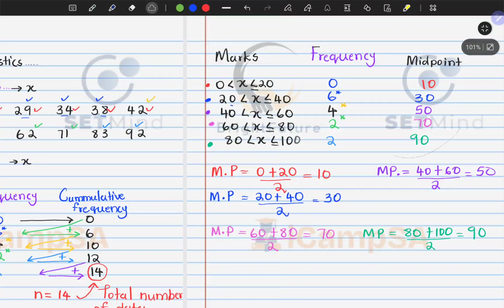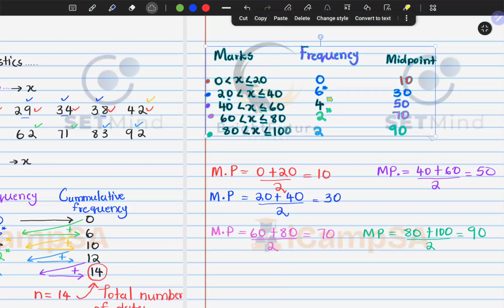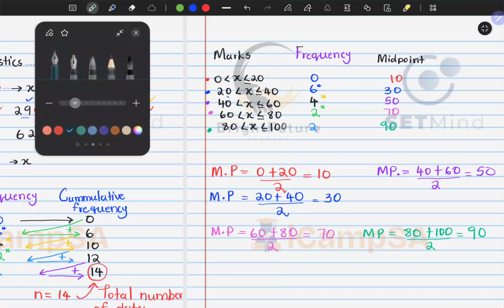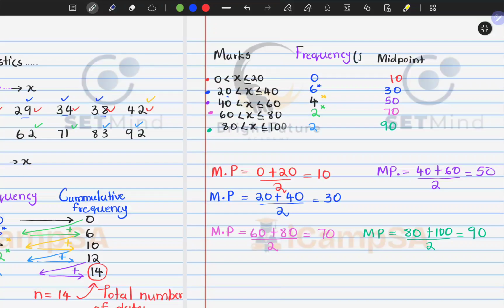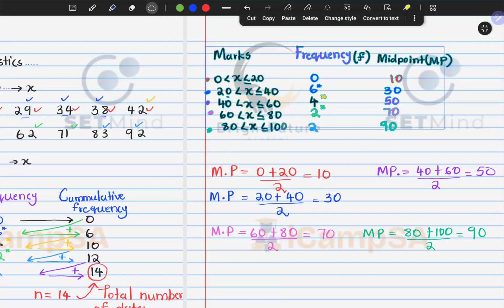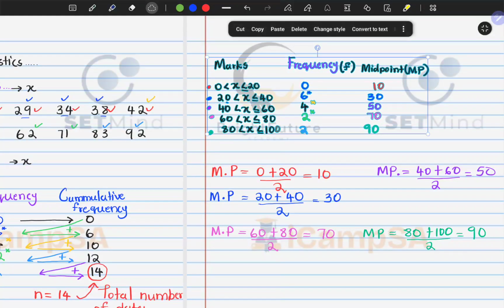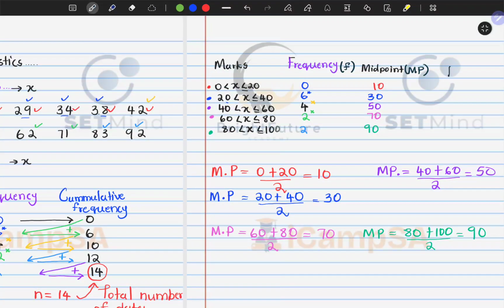In our tables, whenever we are required to find the mean, I'm always going to include a table where F is for frequency, and midpoint is MP. I'm always going to include as part of the table where I do the product, our frequency multiplied by our midpoint.